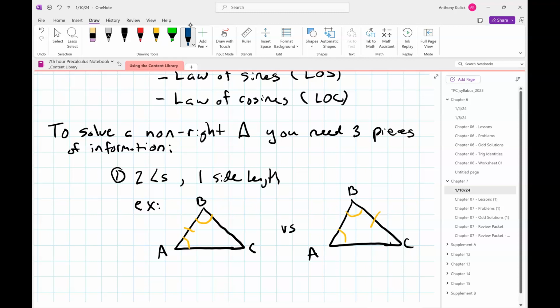Now, those two angles and the one side that you're given, you can have the one side be in between the two angles or the one side outside of the two angles, right? Does everybody see the two possibilities that we have here?